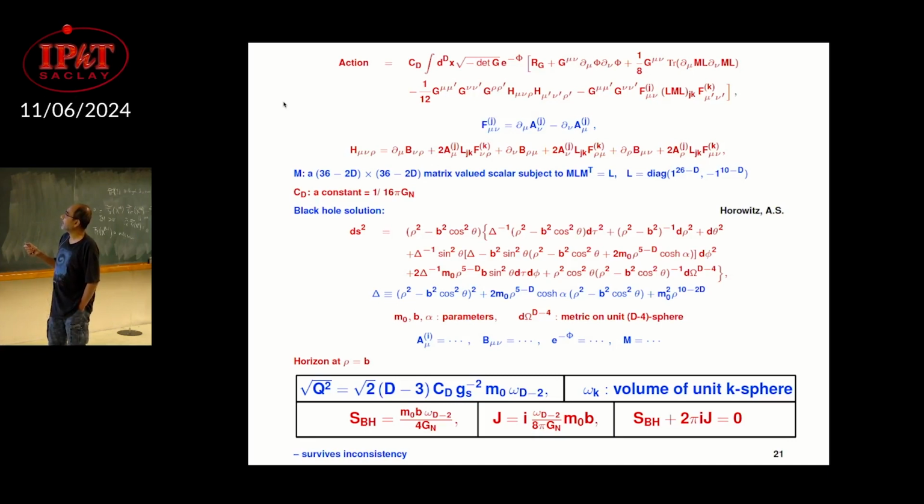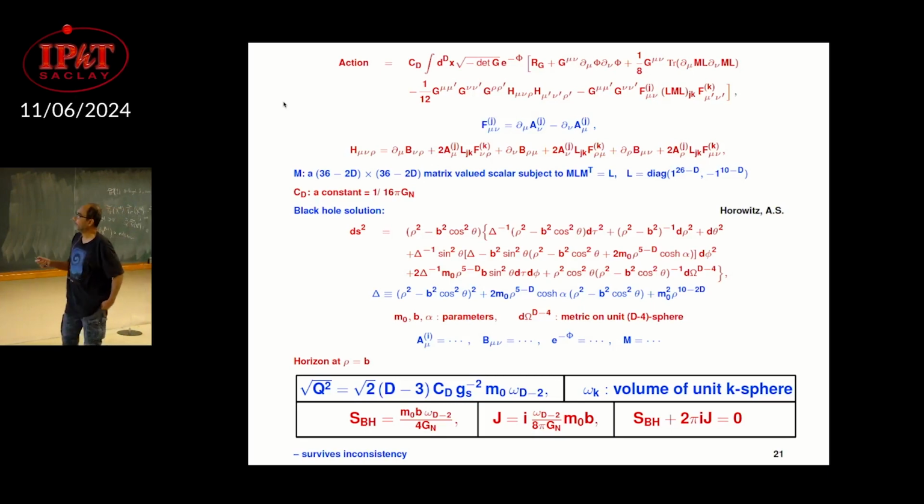Here M is a matrix valued scalar field. M is in fact a 36 minus 2d times 36 minus 2d matrix valued scalar that is subject to this condition over here, and L is a fixed diagonal matrix. It is just enough to know that you have a set of scalar fields which are captured in this matrix M, and its kinetic term is given by this.